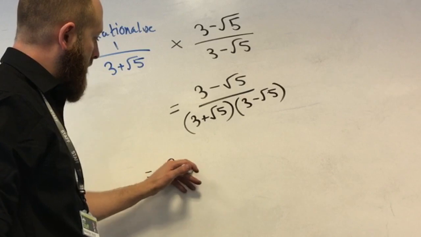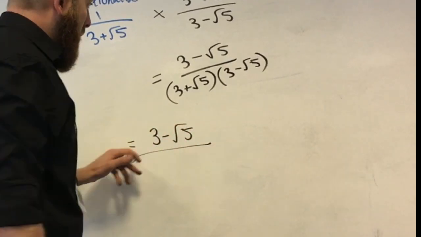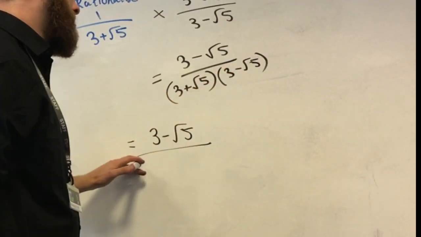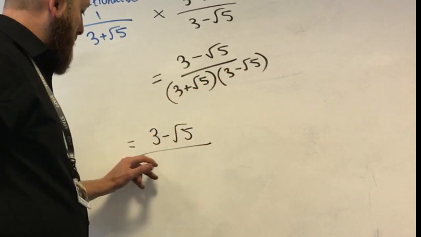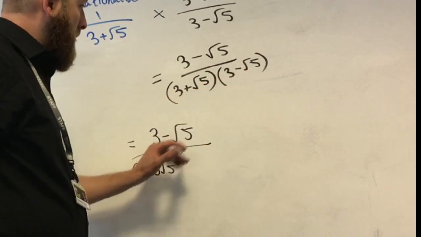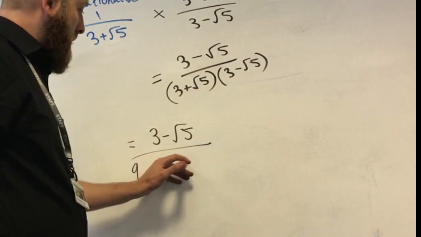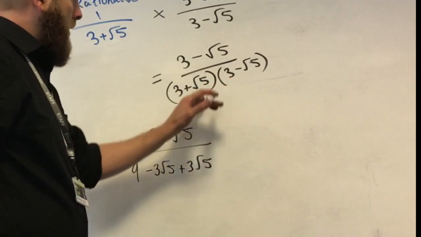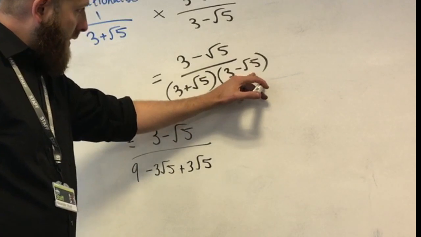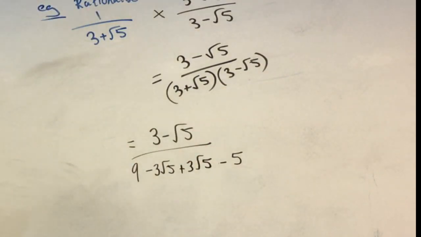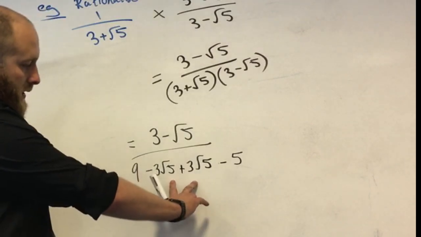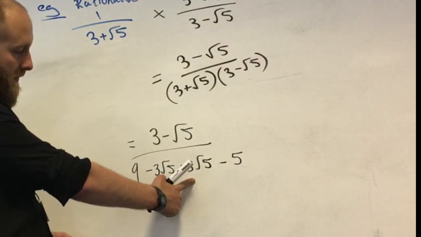So 3 times 3 gives us 9. 3 times minus root 5 is minus 3 root 5. 3 times root 5 is plus 3 root 5. And root 5 times minus root 5 gives us minus 5. So you can see now the middle two terms are going to cancel, so we've got minus and plus the same thing.